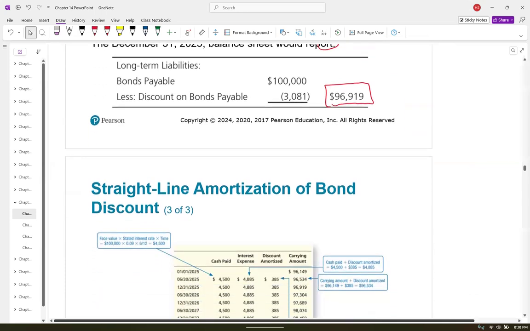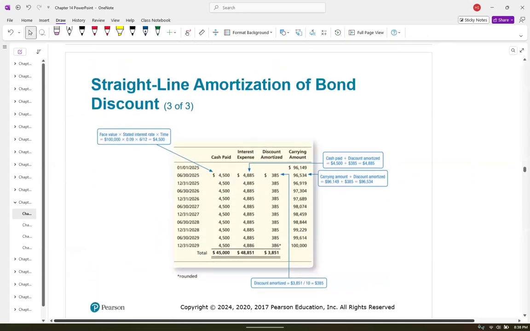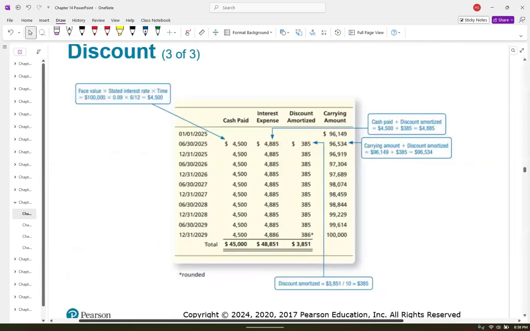So here is an amortization schedule on this bond. The great thing about straight line amortization is that it's going to be the same every time. We don't typically do straight line, but it is good to introduce this subject. And sometimes businesses will use straight line because there's not going to be a lot of difference between straight line and the actual time value of money tables.